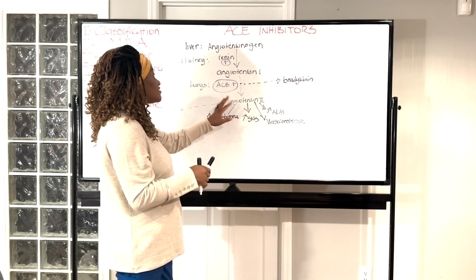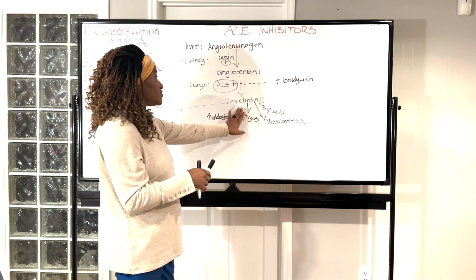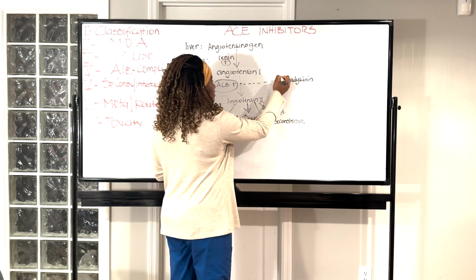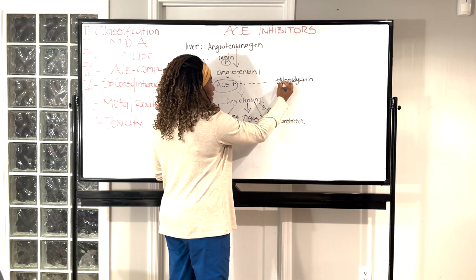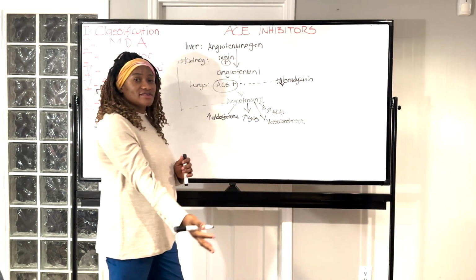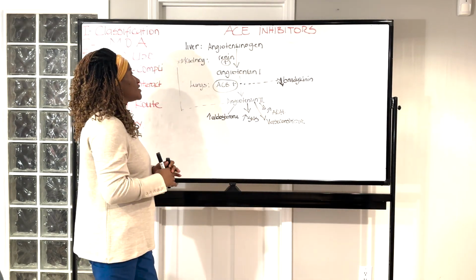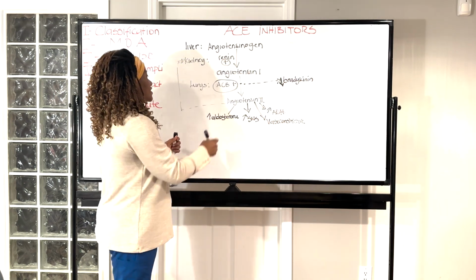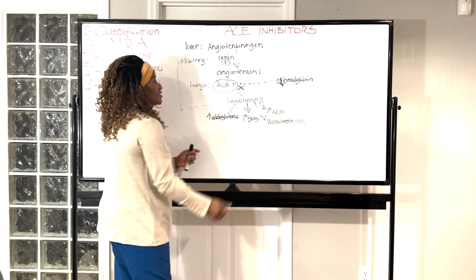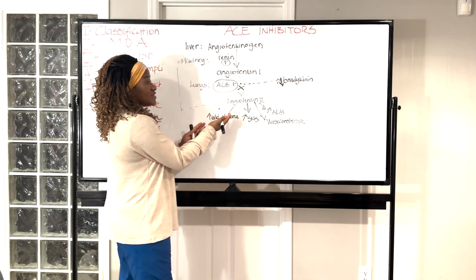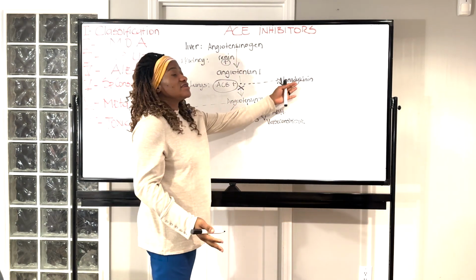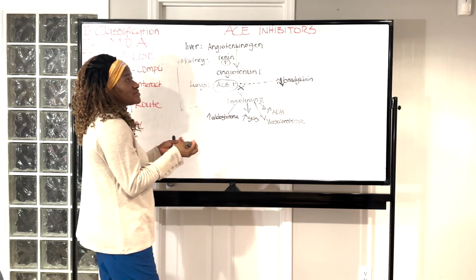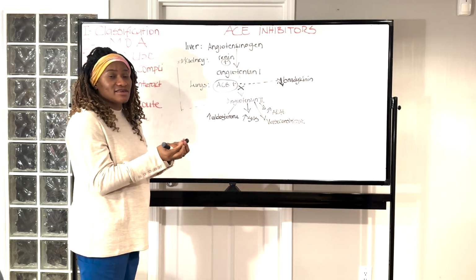So this ACE is going to help produce angiotensin 2, and it's also going to degrade bradykinin, decreasing the level of bradykinin. Now we are talking about the ACE inhibitor. So if we inhibit this ACE here, we have a decreased level of angiotensin 2 and increased level of bradykinin. And this is going to be the foundation of understanding the ACE inhibitor.